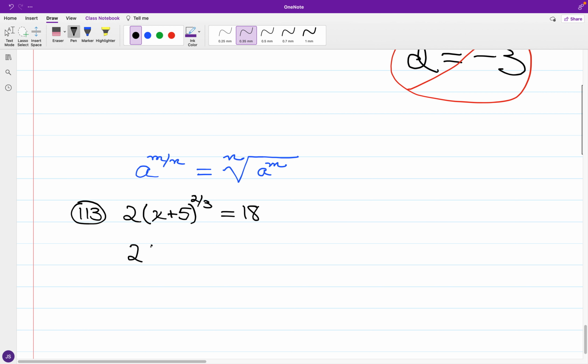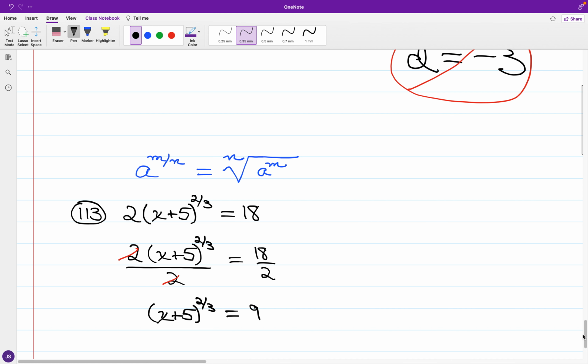And what I can do here is I can isolate x plus 5 to the 2/3, if I just go ahead and divide the equation by 2. Okay, so I have here x plus 5 to the 2/3 is equal to 18 halves, which is going to be 9.